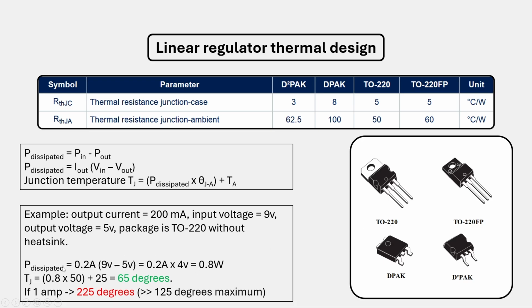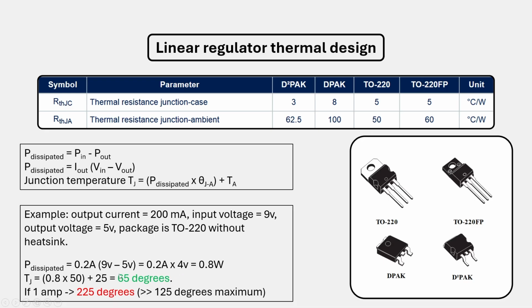So the dissipated power is calculated to be 0.8 watts. For a mere 200 milliamps, you're getting almost 1 watt, which is crazy. So the junction temperature is calculated as the dissipated power times the junction to ambient thermal resistance of this package that I'm using, which is TO220, which is 50 degrees per watt.